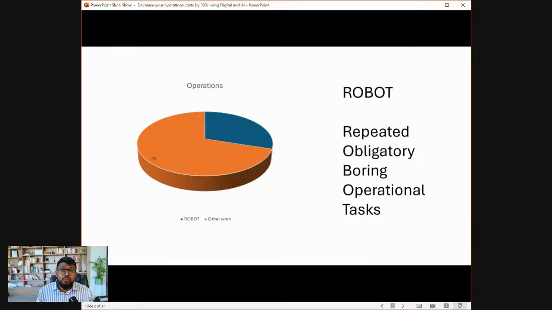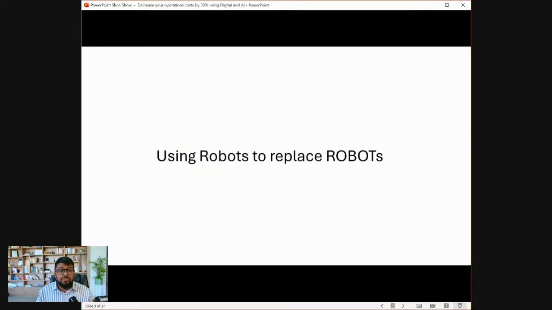So what you would see is that in any operational process out there, at least 30% of tasks would be ROBOT, or these repeated, obligatory, boring operational tasks. And what we are aiming to do is use robots to replace these ROBOT tasks. We are aiming to use AI or digital to replace these so that you are not stuck doing these manual tasks, and they are being done more efficiently and more effectively.